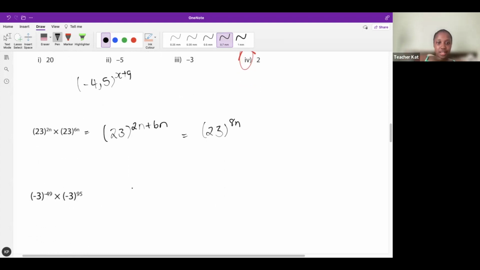Great. Next one, we have a -3 to the power of -49 times a -3 to the power of 95. We are still multiplying, so we add my exponents.